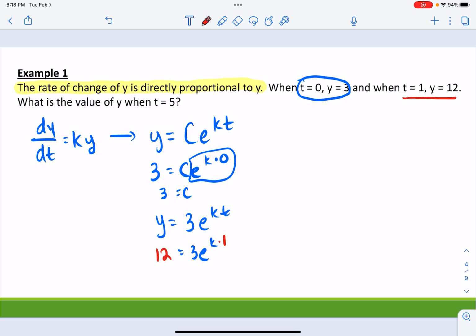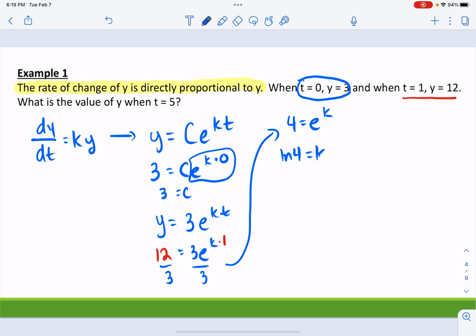Now I go through and solve this, and quite honestly, this is just pre-calculus or algebra 2 right now. Okay, ln of 4. I would leave it as ln of 4 because we want the most exact answer as we possibly can.